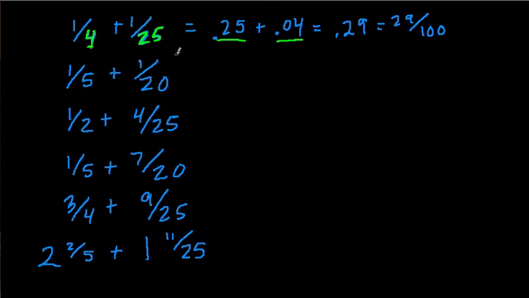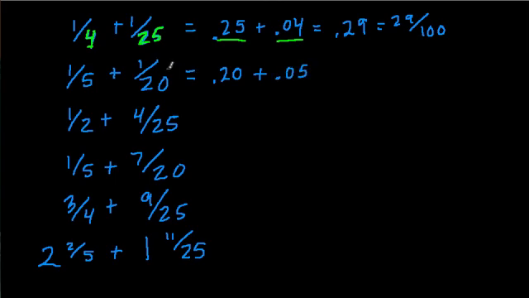So in the string, again, our goal is to use coins to solve these, but also to use each step to help out. So let's see if there's any connection like that between these two. 1/5. Well, that's 20 cents, right? And that's because a fifth of a dollar is just 20 cents. And we're going to add that to a 20th of a dollar. Well, that's just 5 cents. That's a nickel, right?